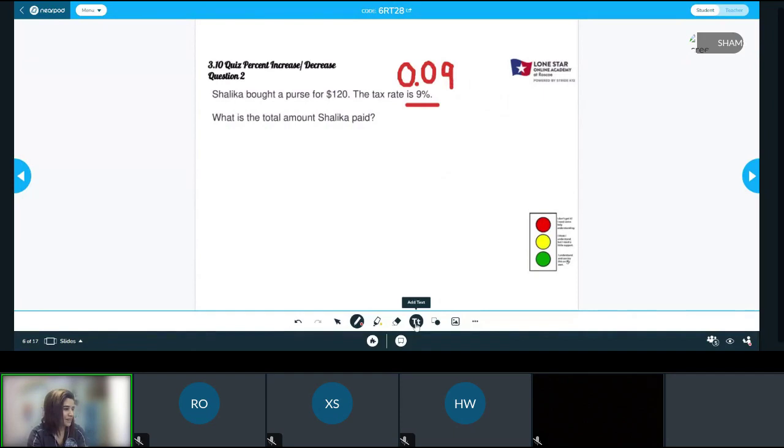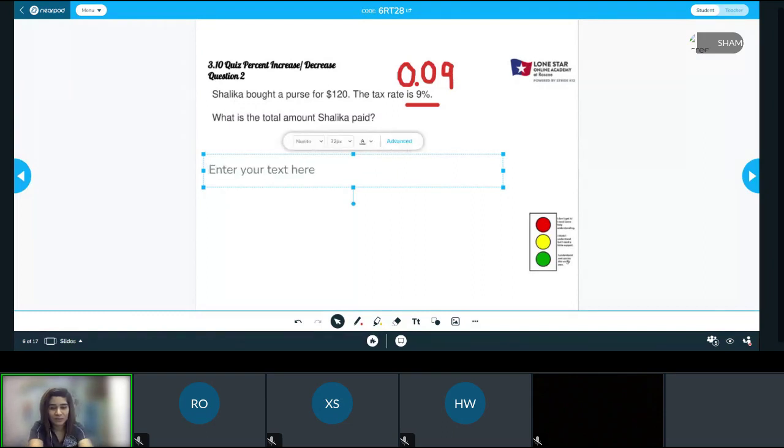Good. And last week, maybe we were looking at sales tax, right? How do we find tax? In this case, tax is 9%. So we will take the price and multiply by the 9%. The price is 120 and multiply by 9%. And 9% is 0.09.